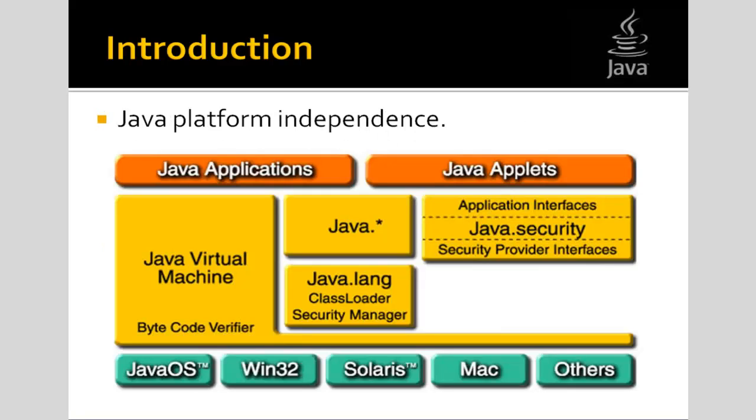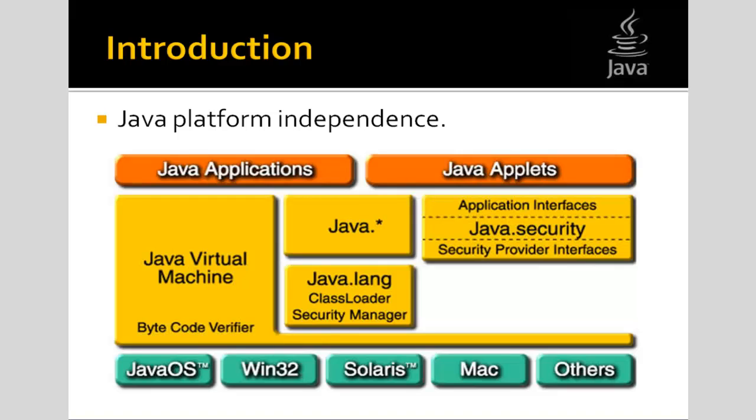One of the key features of Java is its platform independence, the write once, run anywhere mantra of the Java developer. This write once, run anywhere capability is provided by the Java virtual machine. Our code doesn't run on the operating system or the hardware directly.